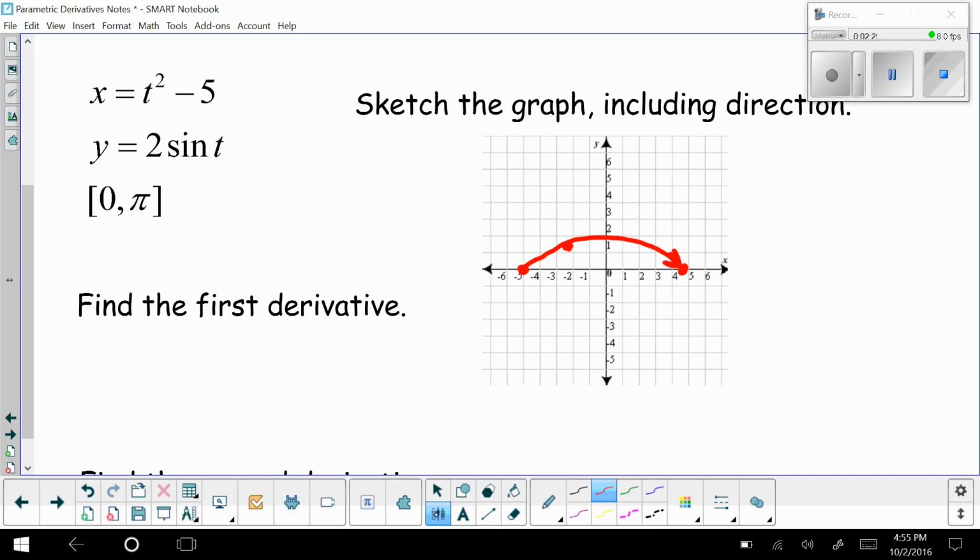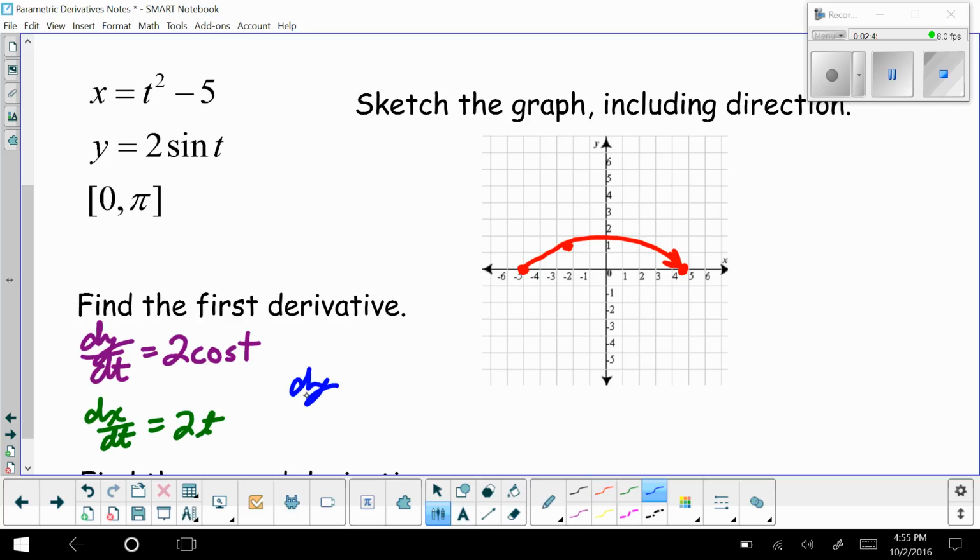In terms of the derivative, I would need dy/dt, which is the derivative of 2 sine t, which would be 2 cosine of t. I would need dx/dt, which is the derivative of t squared minus 5, which is 2t.